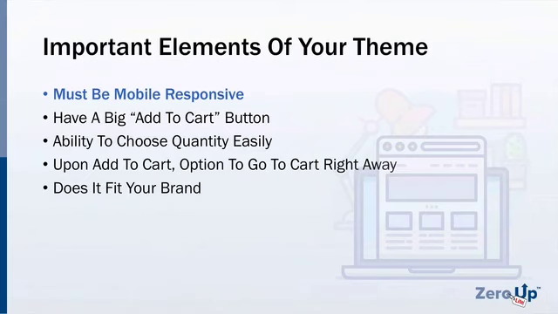Now, here are some important elements of your theme. Number one, it must be mobile responsive. Right now, a much larger percentage of people are shopping on their mobile phones and on their tablets over desktop. So you want to make sure that your theme works on mobile, tablet, and desktop.